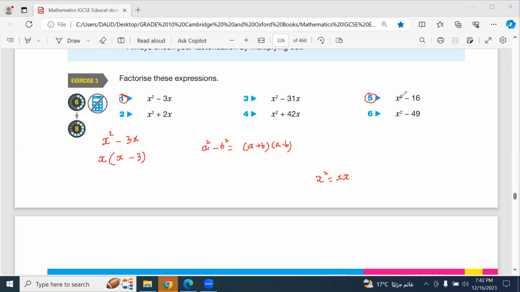If you check question number 5, we have x squared negative 16. 16 is a square number, which we can write as x whole squared minus 4 whole squared. That means we now have exactly the form a square minus b square. So we can factorize by writing two brackets, one time x plus 4 and the second time x minus 4. In these types of questions we have either the difference of two squares or simply the case which I solved in question number 1. I hope you understand.